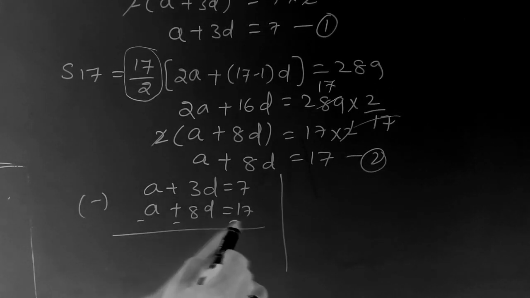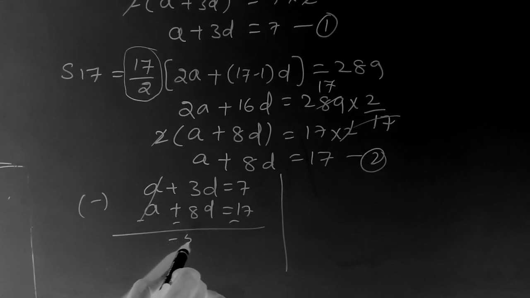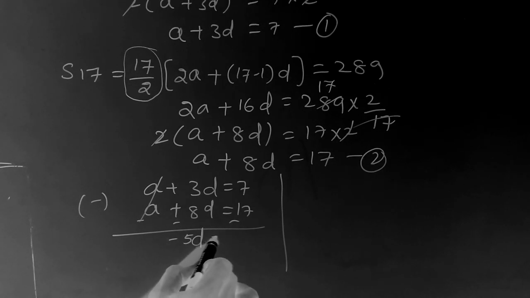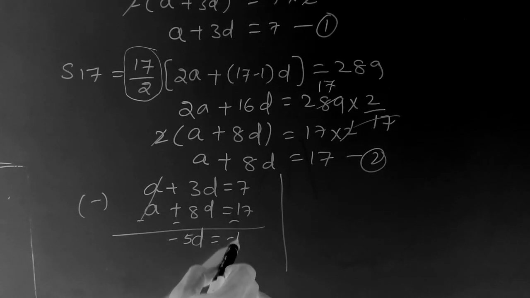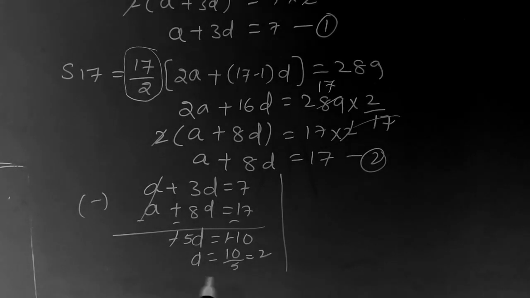Change the symbols, a gets cancelled. So 3 minus 8 is 5 times d, and 7 minus 17 is minus 10. Minus minus cancel on both sides. 5 is in multiplication, it goes to division. 10 by 5 is 2. So the d value is 2.